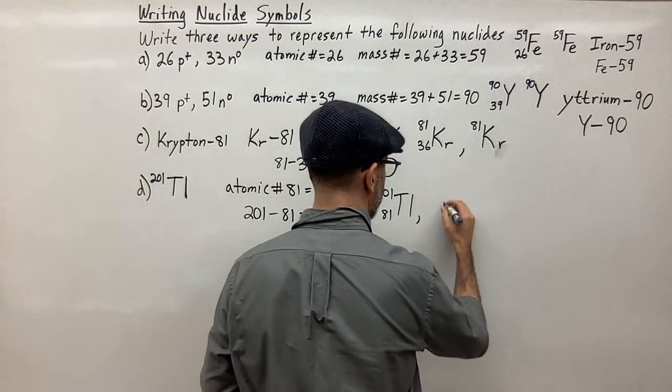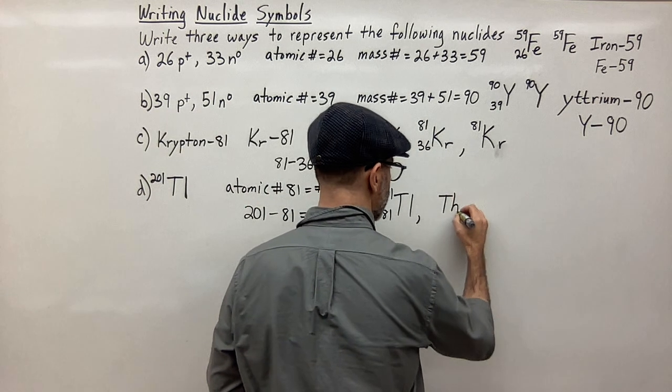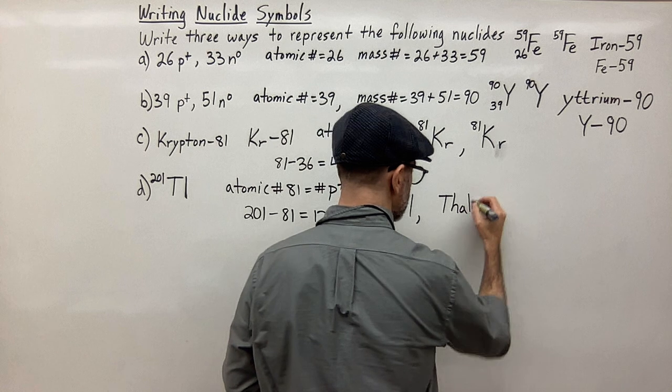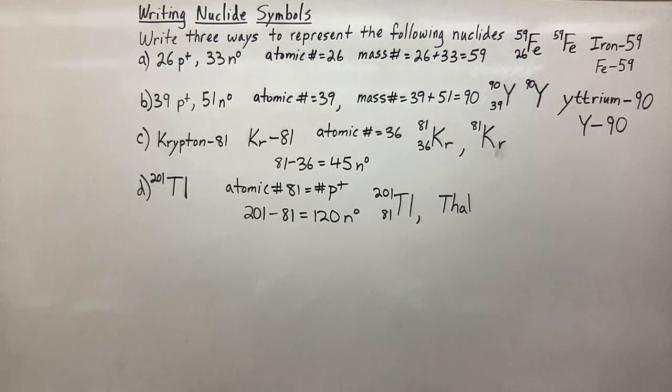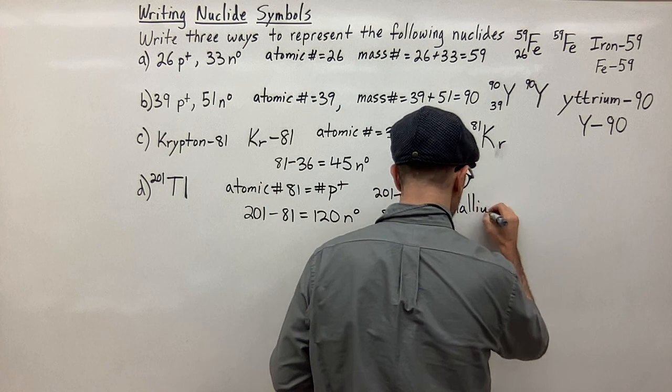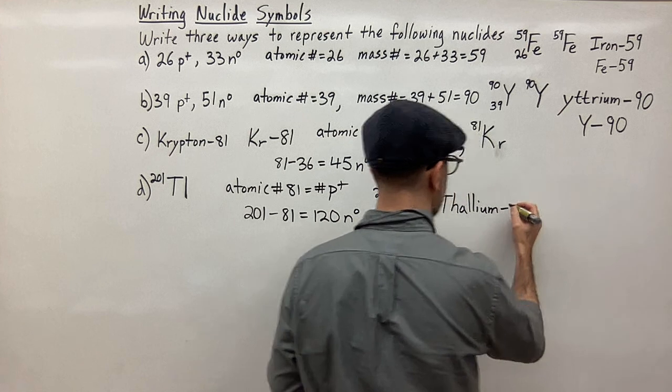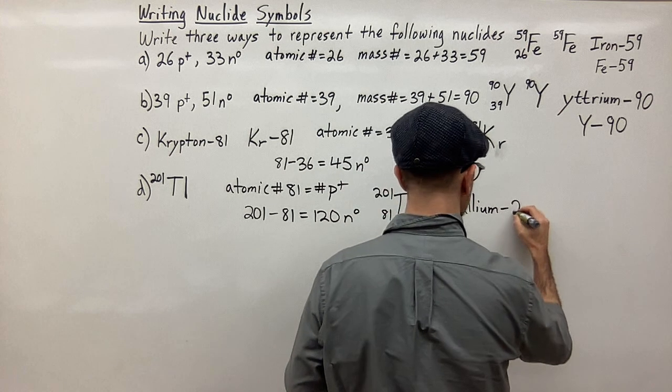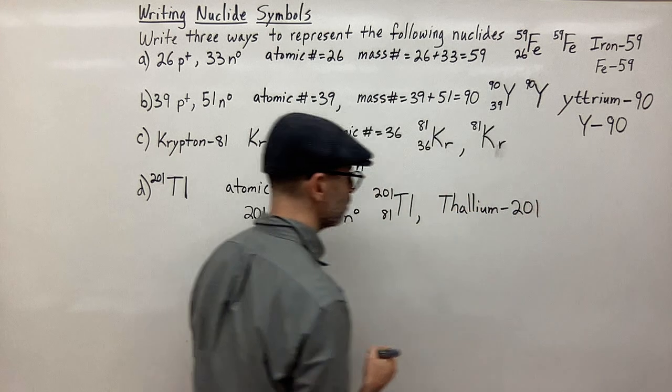So then the other way of writing this would be thallium. Let me make sure there's only one or two L's. Two L's. So thallium dash, and then the mass number, which is 201.